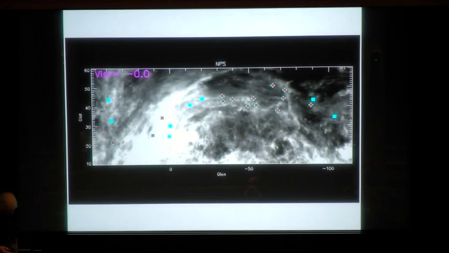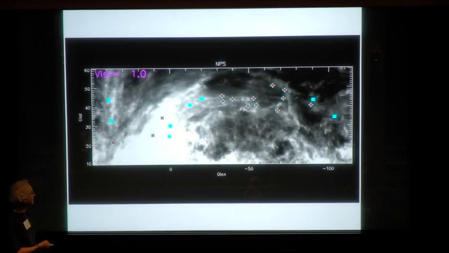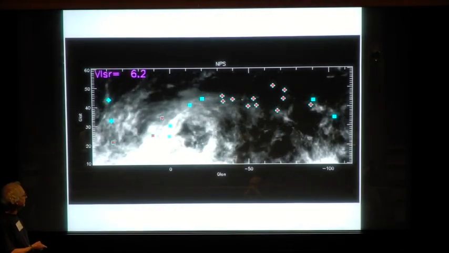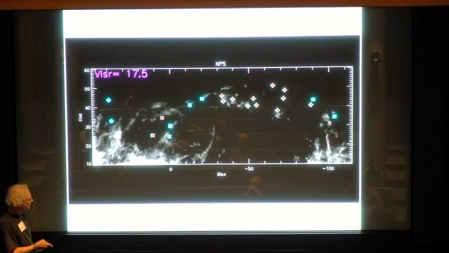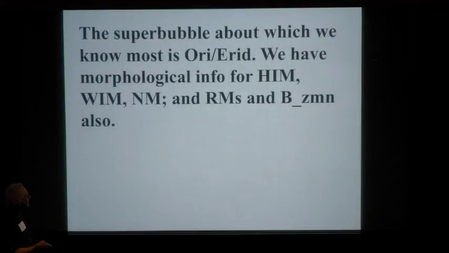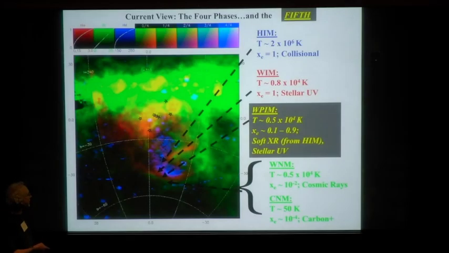Well, okay. I did want to also mention that this is not the only big supershell in the sky that we see. The superbubble we know the most about is the Orion-Eridanus one, and here's a picture of that.